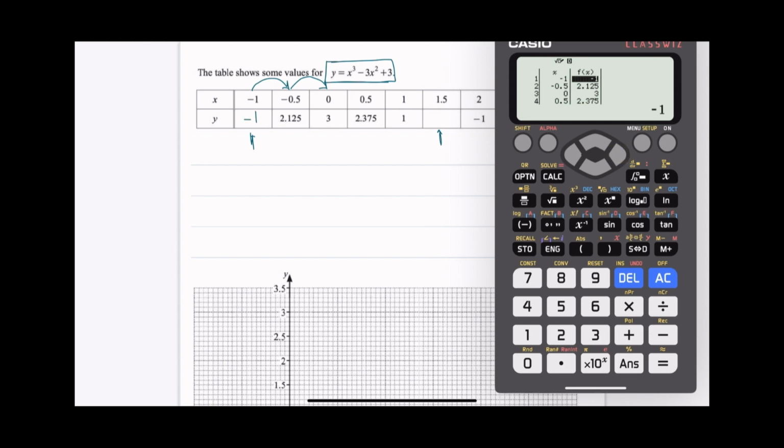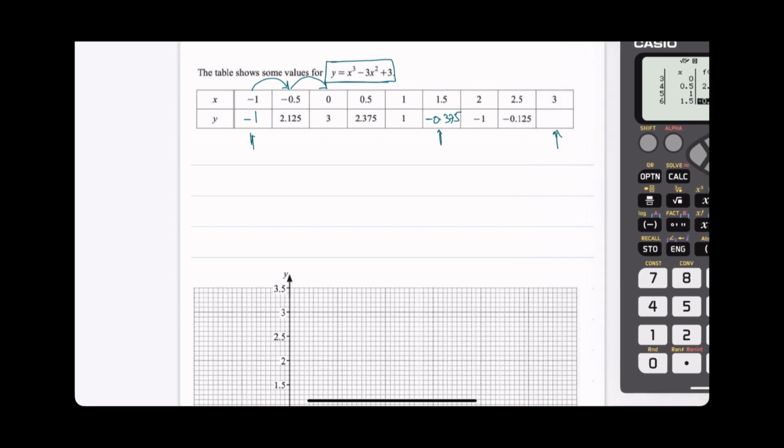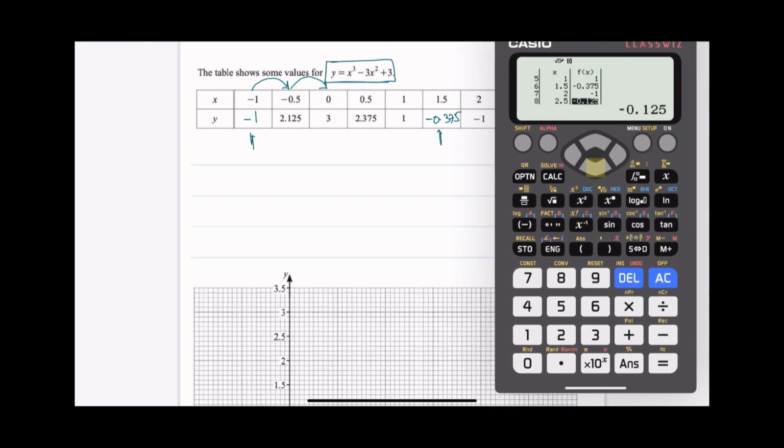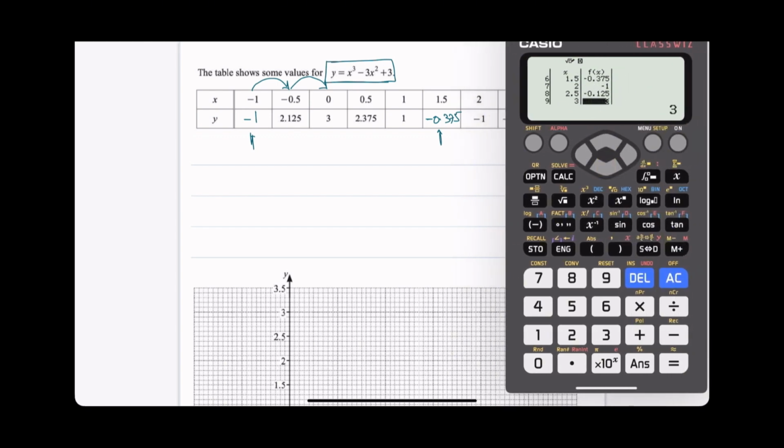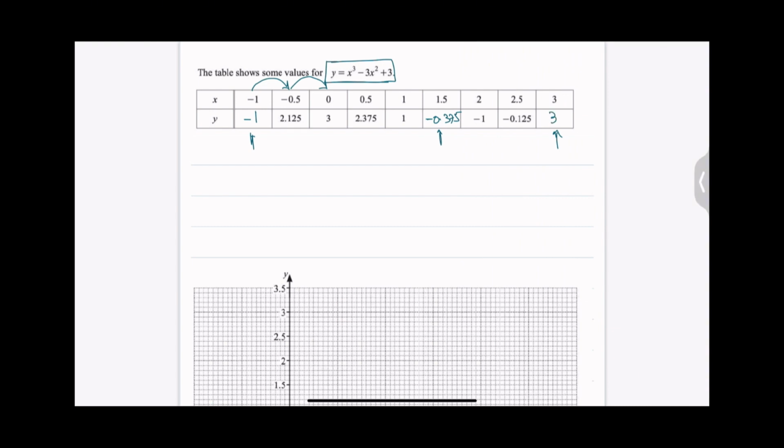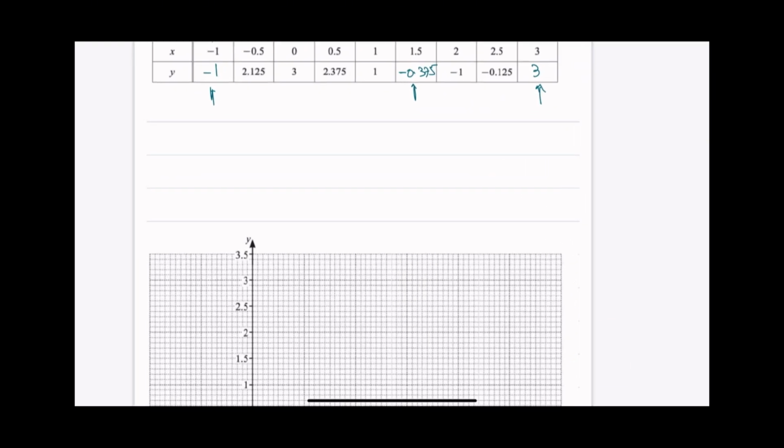I just place -1 here. Rest of the values you can check. All of the values are there, and when x is 1.5, y is -0.375. And when x is 3, just keep on scrolling down, y is 3. I've written down all the values.